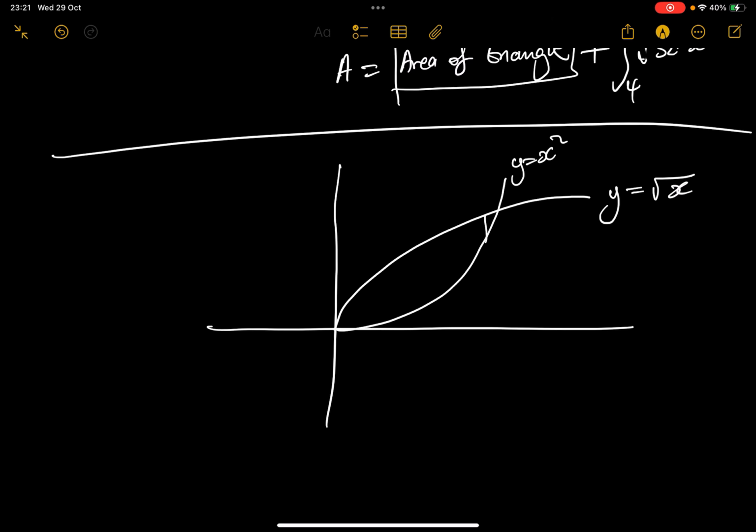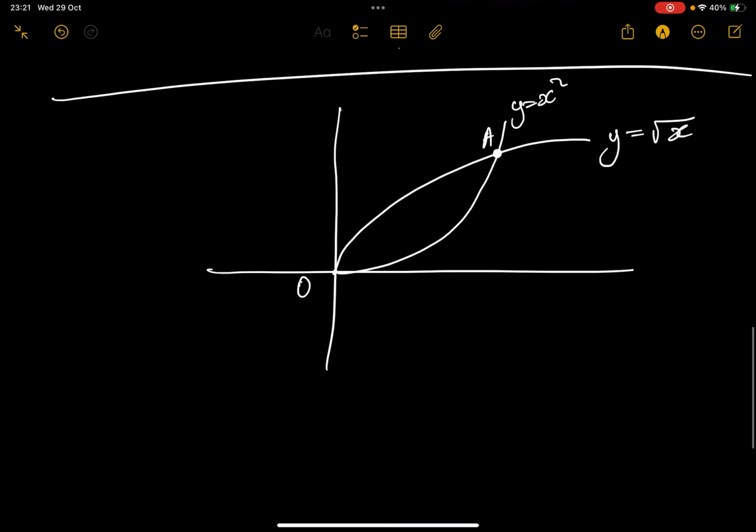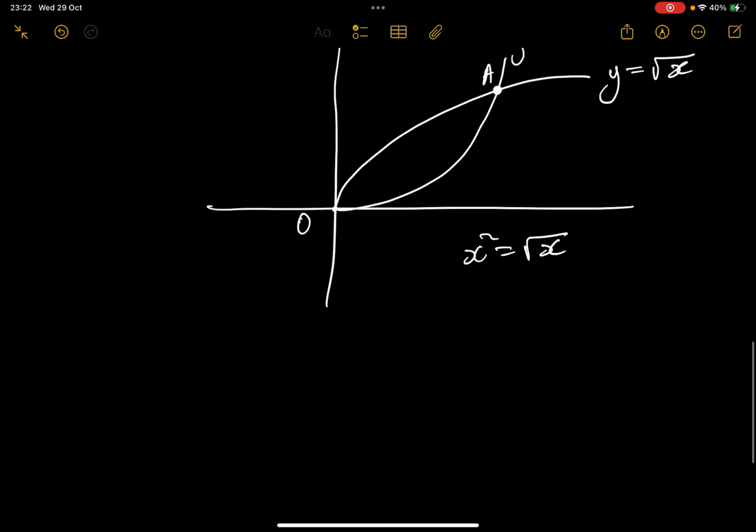We are looking at this region. So we need to find this intersection point, which I'm going to call A, and then this is the origin, right? So what is this intersection point? We can find it by equating these two graphs, which means x squared is equal to root x, right?